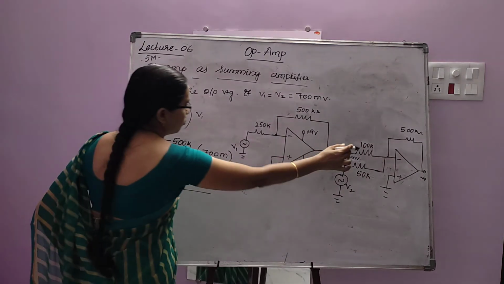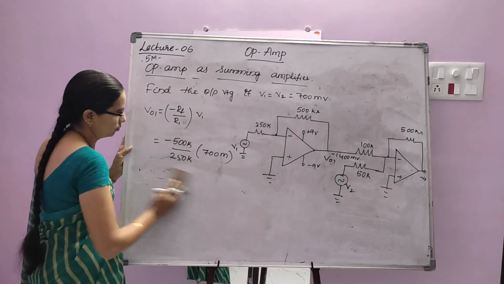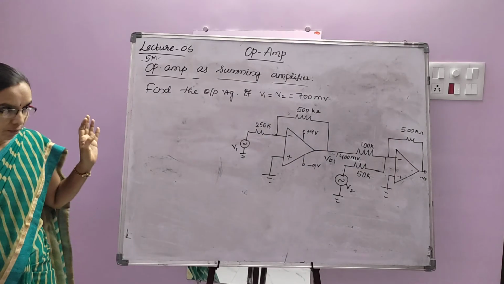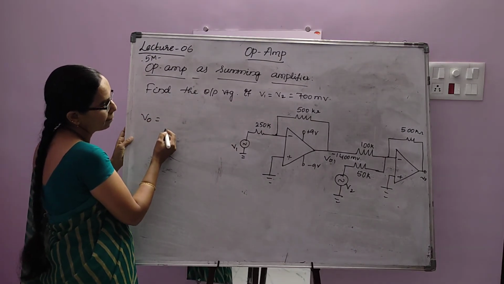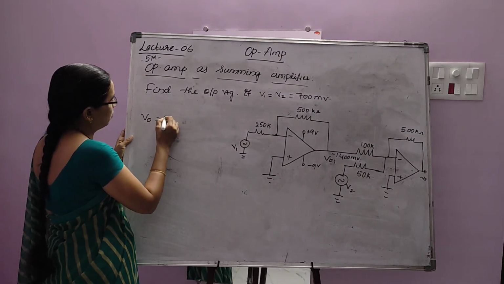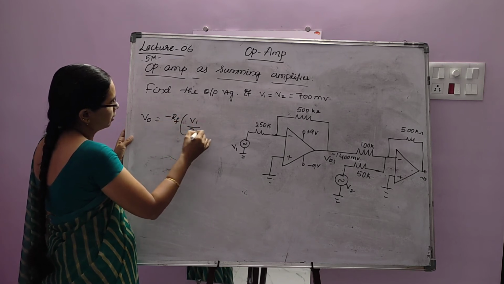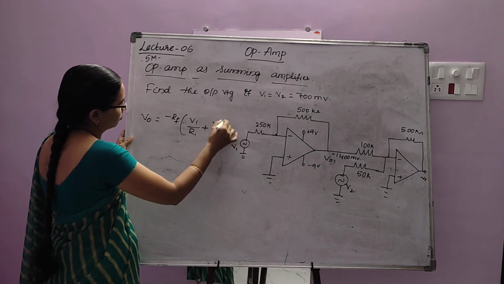If you put the formula for the summing amplifier, that's the formula. V0 is equal to minus RF into V1 by R1 plus V2 by R2.